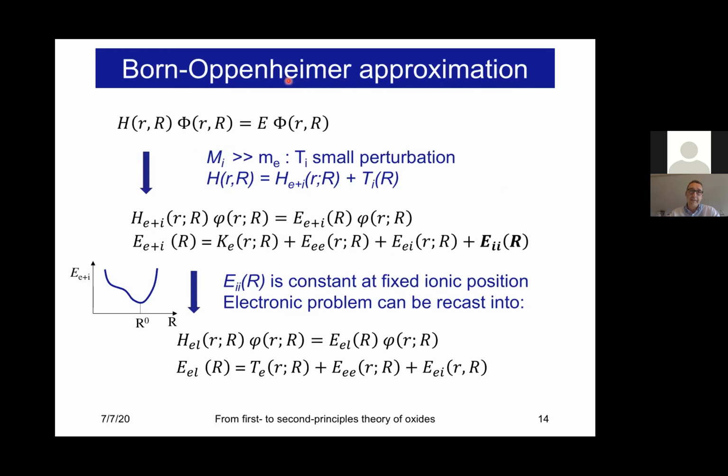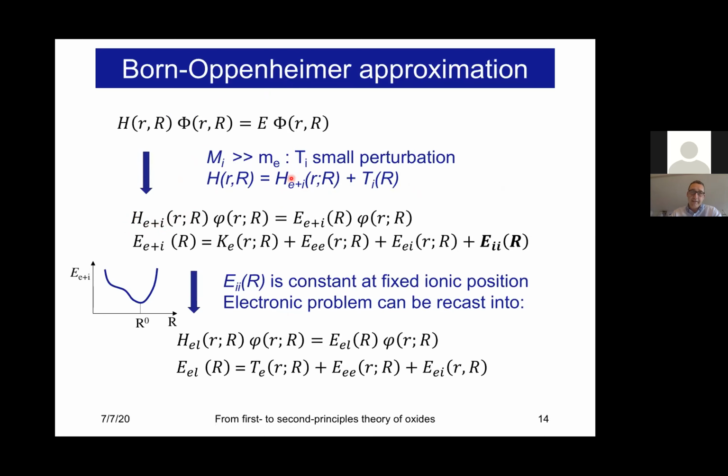So basically the Born-Oppenheimer approximation is just to separate this kinetic energy term from the rest of the Hamiltonian, and the remaining part that we have here is what I call the Born-Oppenheimer Hamiltonian, and I will refer to it as H_{e+I}.